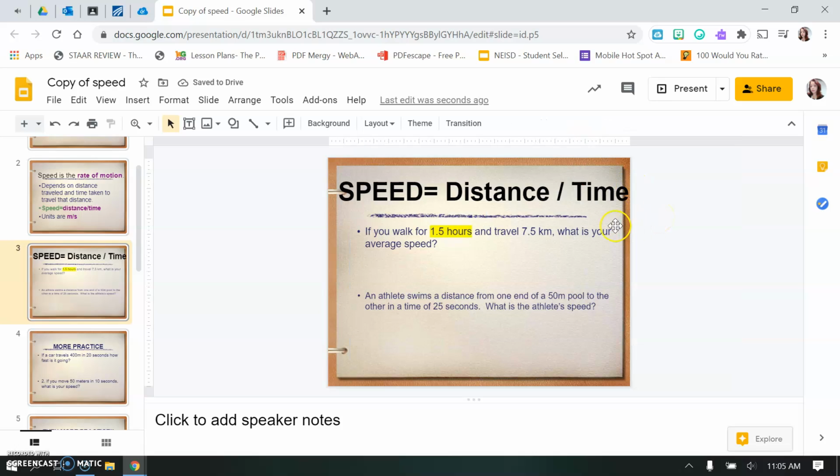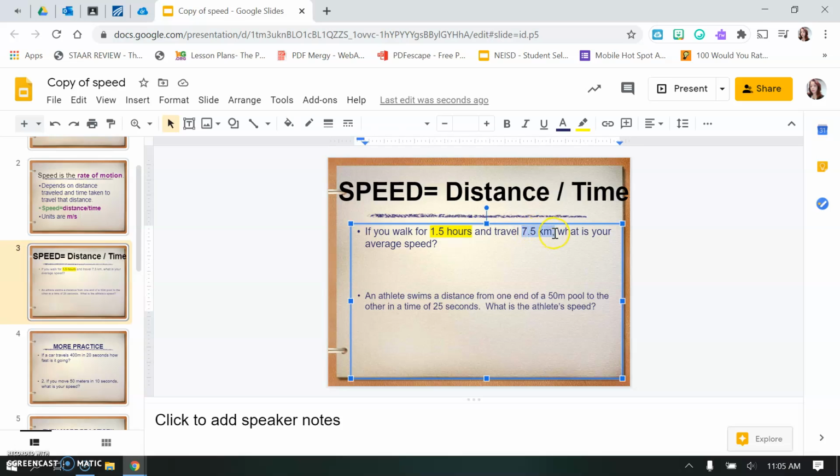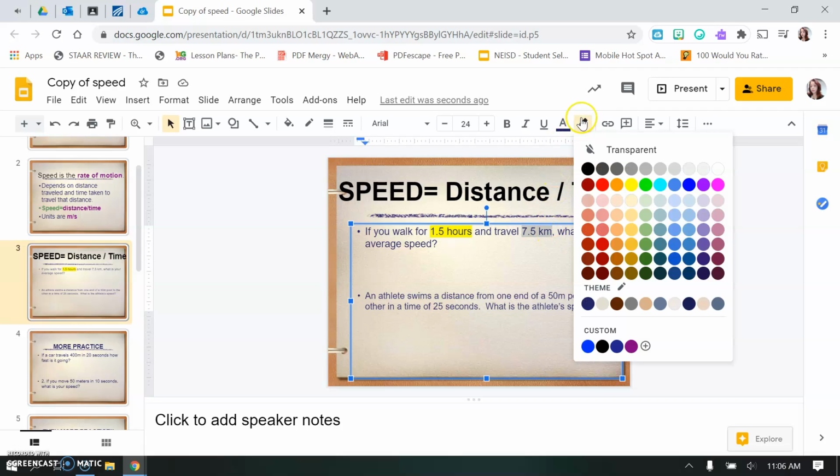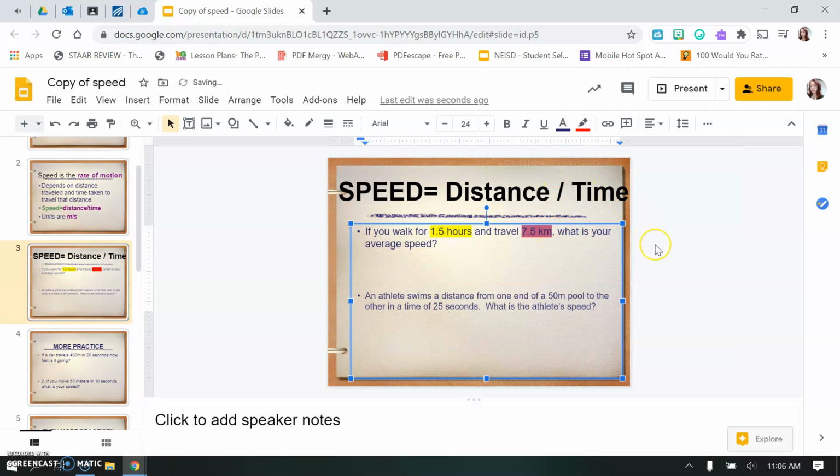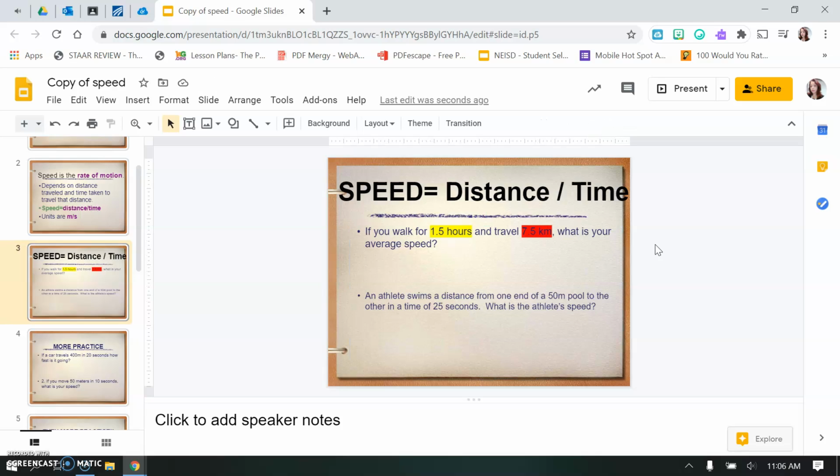So we know our time is 1.5 hours. If you walk for 1.5 hours and travel 7.5 kilometers, what is your average speed? So 7.5 kilometers, that is your distance. So you can highlight the distance. So here we have our time, which is hours, and our kilometers, which is the distance.